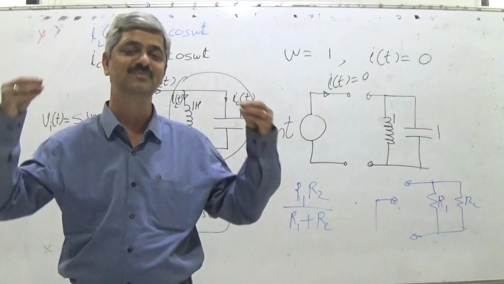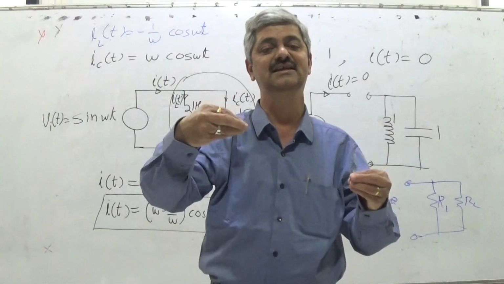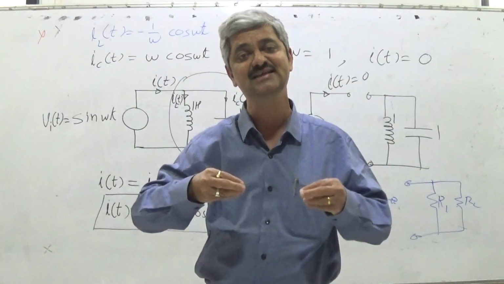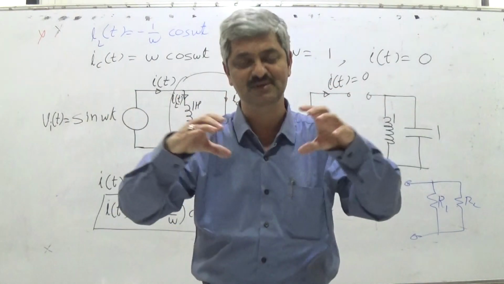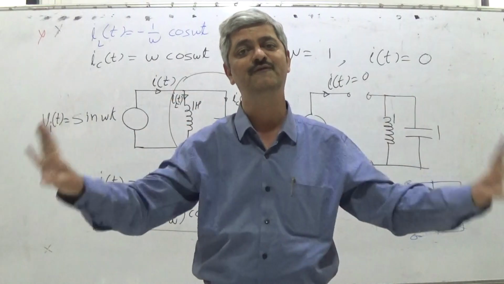When we connect L and C in series, their net reactance is the addition of them. When we connect them in parallel, we use the same formula as for resistance.